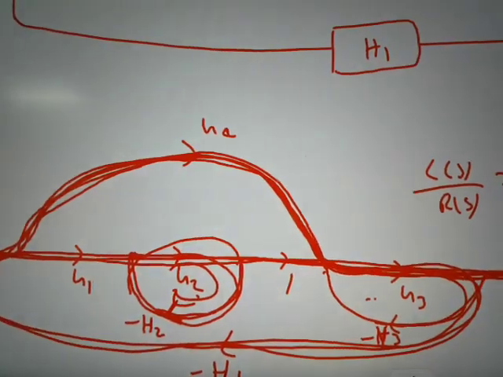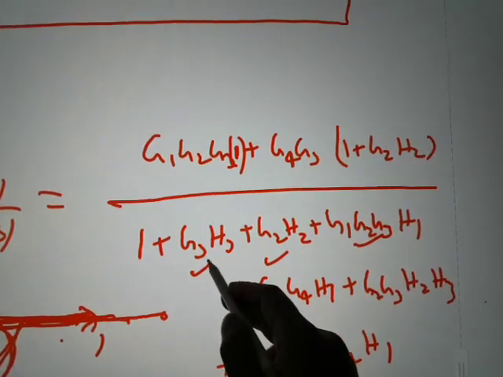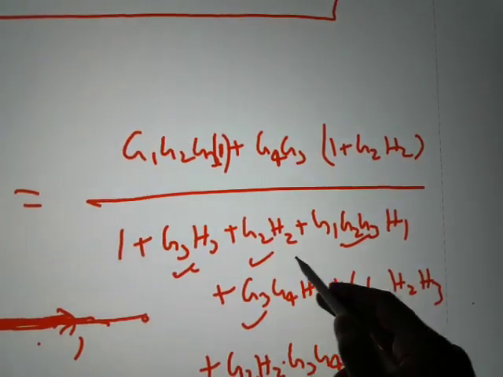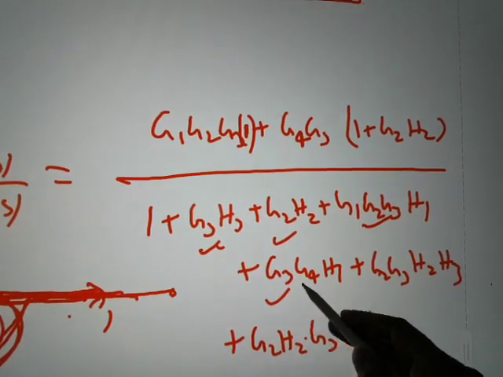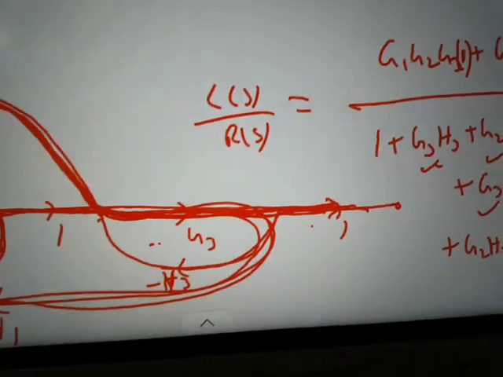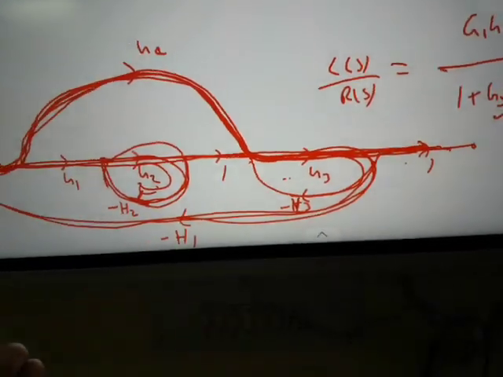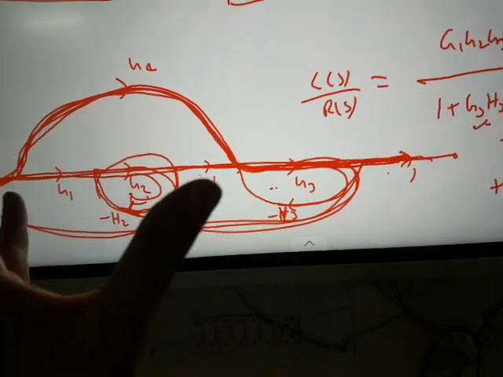So this becomes 1 plus G3 H3, G2 H2, plus G1 G2 G3 H1 plus G3 G4 H1. Next, plus the summation of products of two non-touching loop gains.